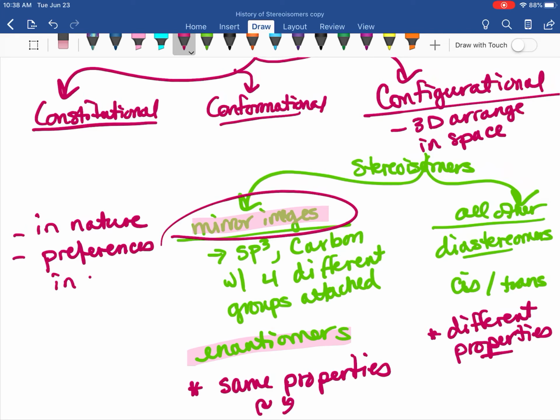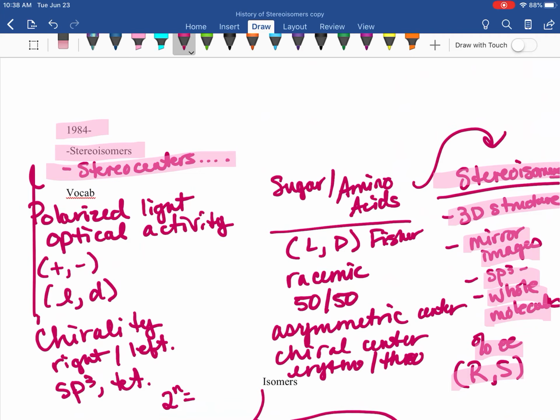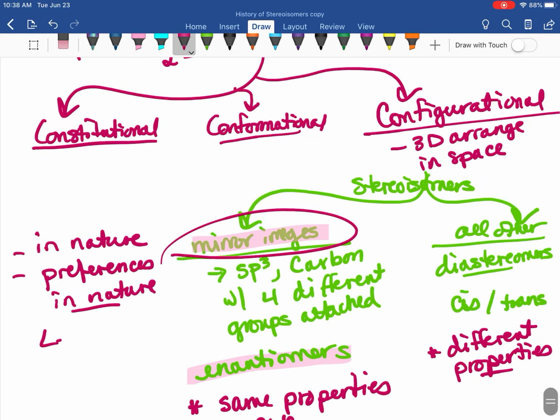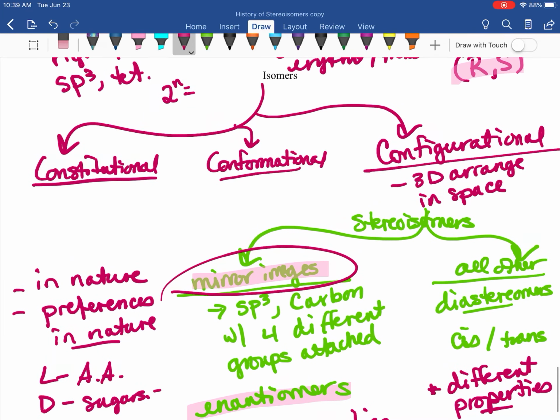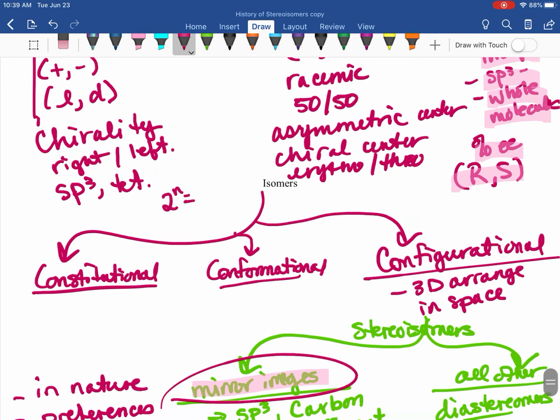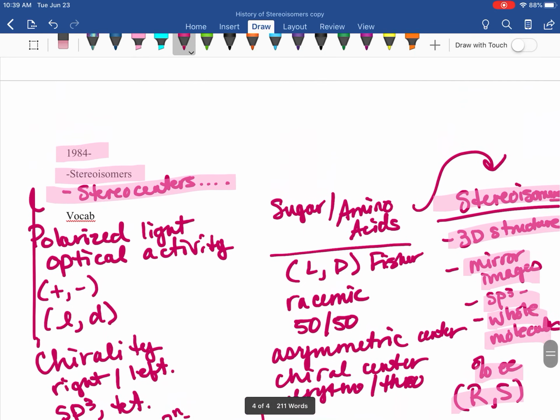There are different preferences in nature for those mirror images. So things like amino acids in your body prefer the L-amino acid. Your body prefers D sugars. So if you get sugar from a natural source, it's going to rotate light. If you get sugar from a lab, it isn't, because you've got a 50-50 mixture. So it's actually a really, really evolving story. Thank you for letting me just show all this vocab in one video. And now let's take all of this and apply it to our organic chemistry.